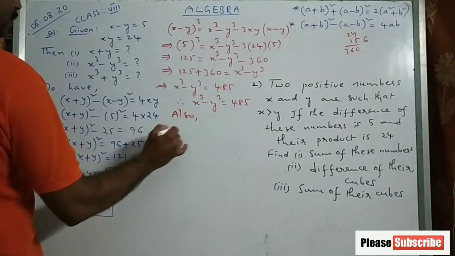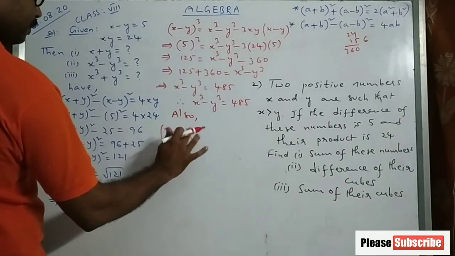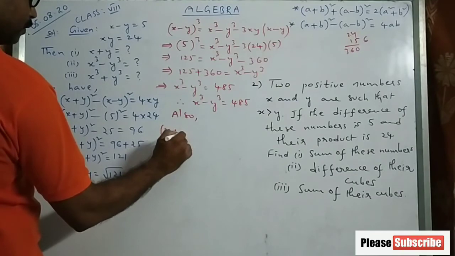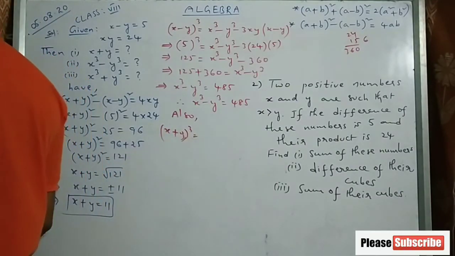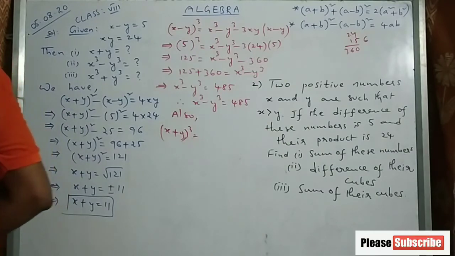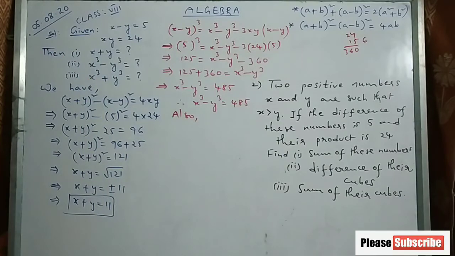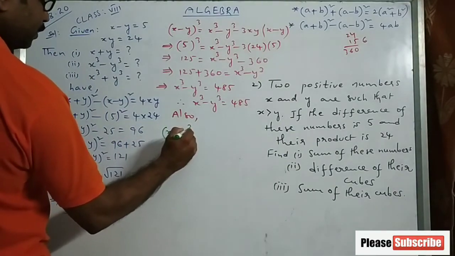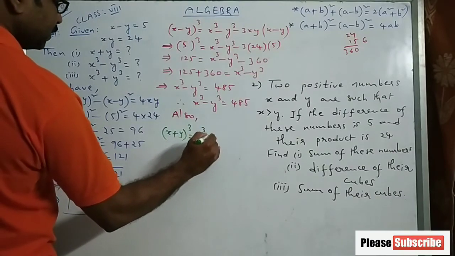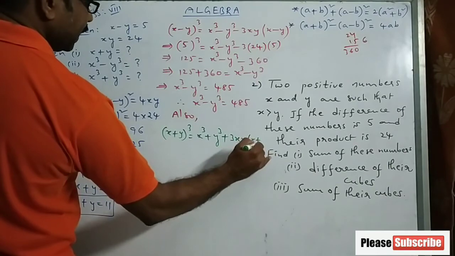Also I can use one more formula here, x plus y whole cube. x plus y whole cube equals x cube plus y cube plus 3xy into x plus y.